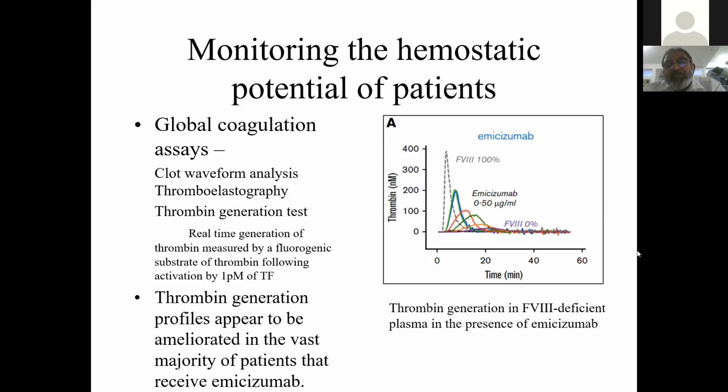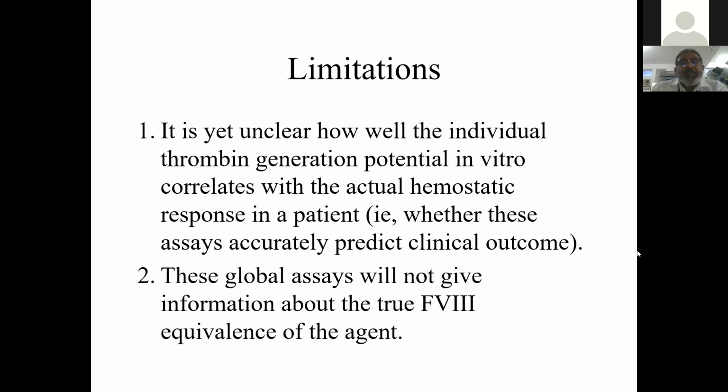The only thing is, we need to correlate it with the levels versus the clinical efficacy. The limitation is that it is not yet clear how well the individual thrombin generation potential in vitro correlates with actual hemostatic response in the patient. And these global assays will not give information about the true factor eight equivalence of the agent.